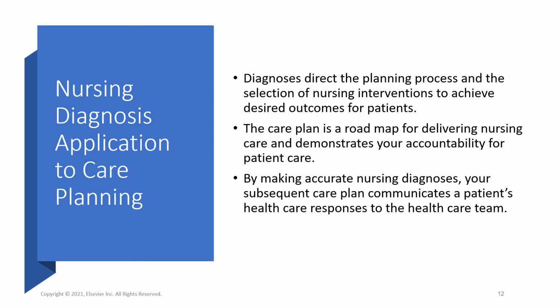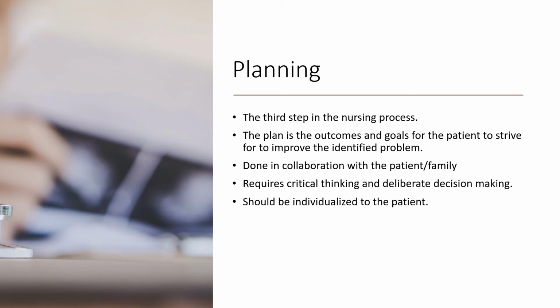What am I going to do for ineffective airway? The steps that I'm going to do as a nurse are going to be different, maybe similar, to how I'm going to manage their pain. The care plan is a roadmap for delivering nursing care and demonstrates your accountability for that patient care. And by making accurate nursing diagnoses, your subsequent care plan communicates the patient's healthcare responses to the healthcare team.